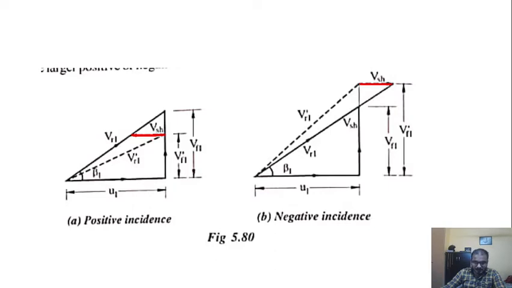This is the shock velocity component which is being generated, and these shock losses, let me write down over here, are proportional to V_sh squared, that is the square of the shock velocity component.